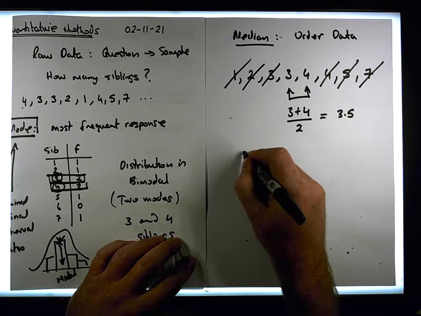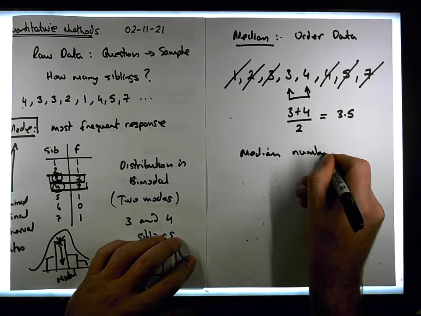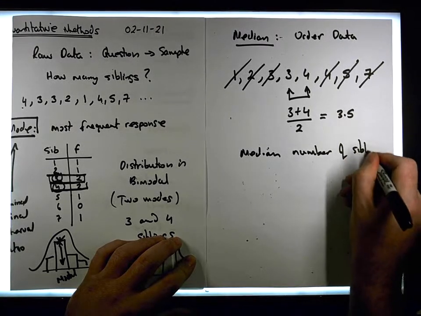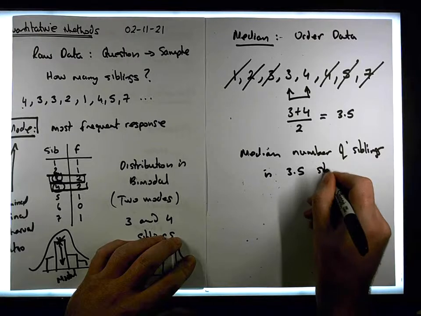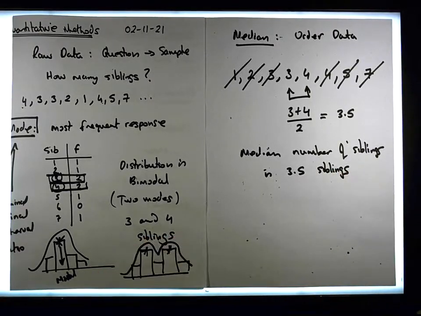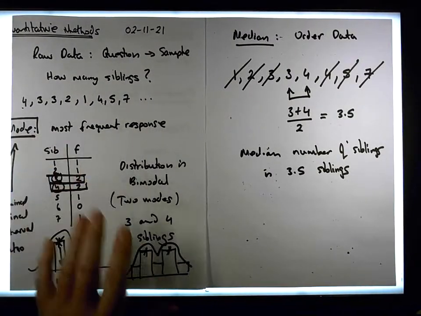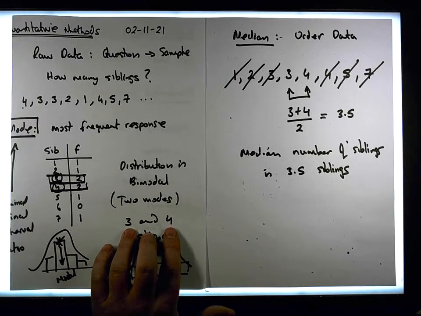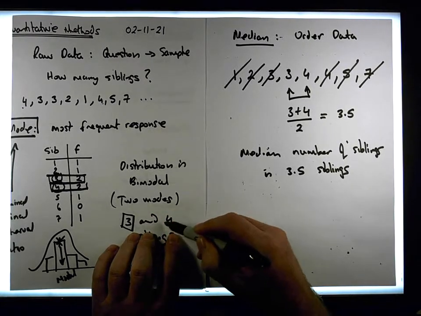So the median number of siblings is 3.5 siblings. That's the median. So now we have two statistics that we've measured. We have the mode, which tells us where people are tending towards when it comes to their responses. We have two modes, 3 and 4.